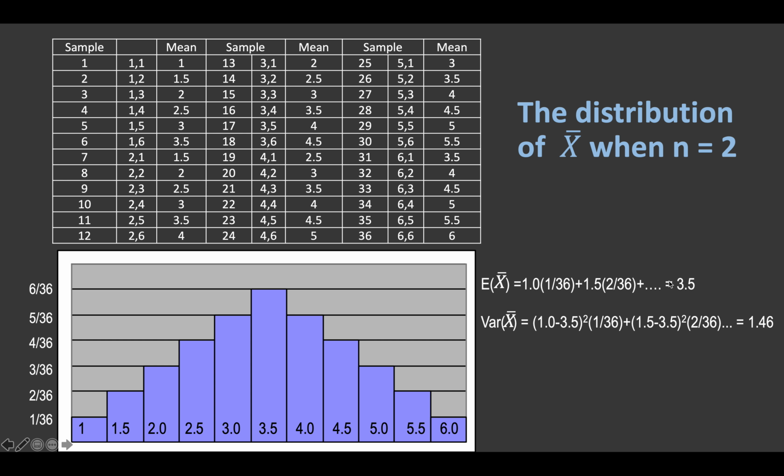We can calculate, and notice that the mean value is the same as what we calculated before, but the variance is different. How do we calculate the variance of the sample mean? 1 minus the mean, take the square, multiply by the probability. 1.5 minus the mean, take the square, multiply by the probability. So on and so forth, you get 1.46.